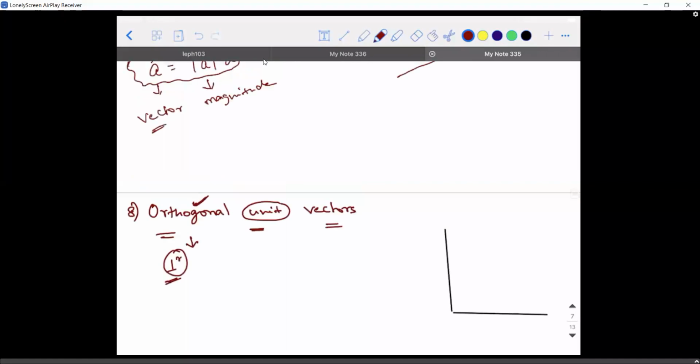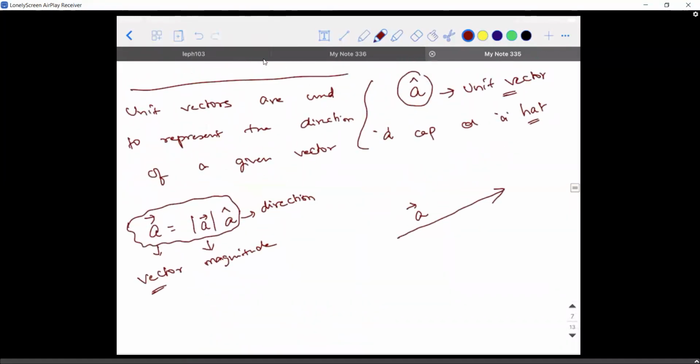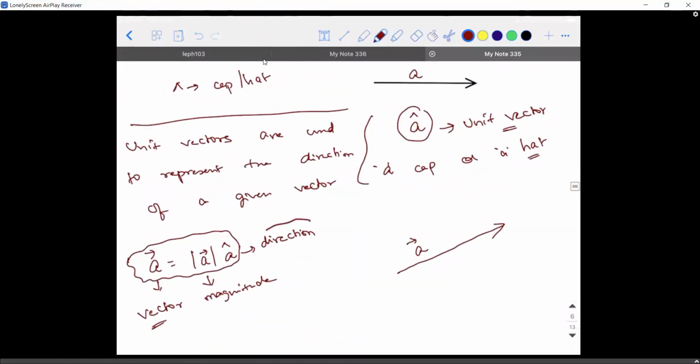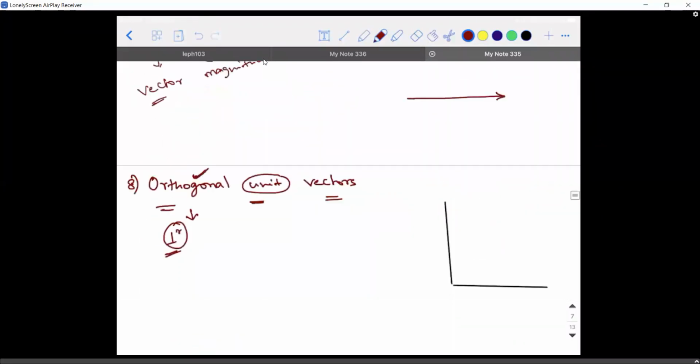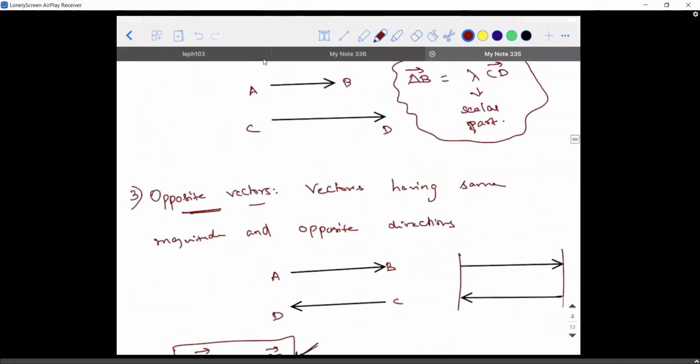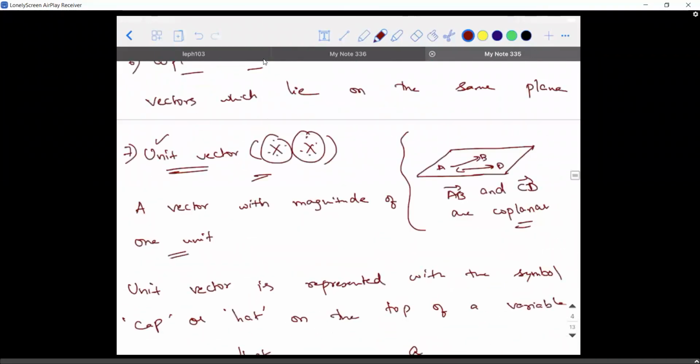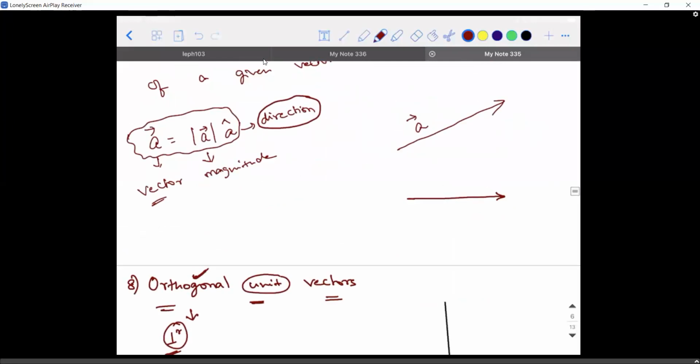Yesterday I told you an important point about unit vectors. What did I say? Unit vectors are used to represent the direction of a given vector. For example, if I have moved in this particular direction, the x-axis, say a distance of 5 meters along the x-axis, and I have to write it as a vector, how will you write it?